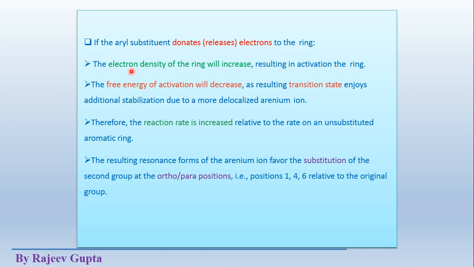Suppose the present substituent is an electron density repeller, meaning it pushes electron density towards the ring, so it will increase electron density inside the aromatic ring system. So this ring becomes more activated compared to pure benzene or neat benzene. The free energy of activation will decrease. As a result, the transition state enjoys additional stabilization due to more delocalization in the arenium ion.